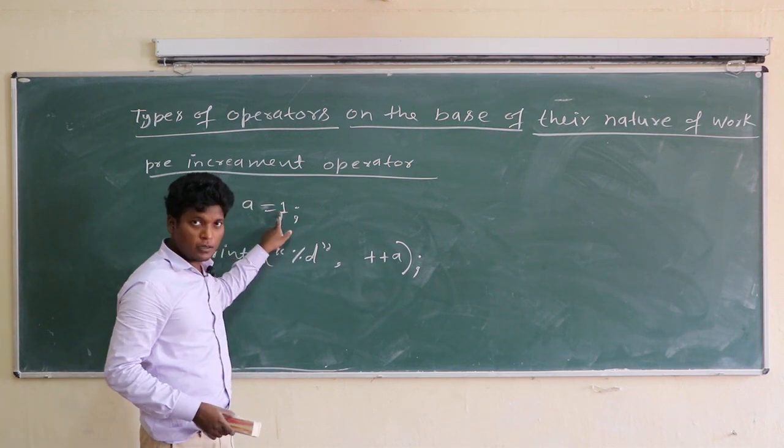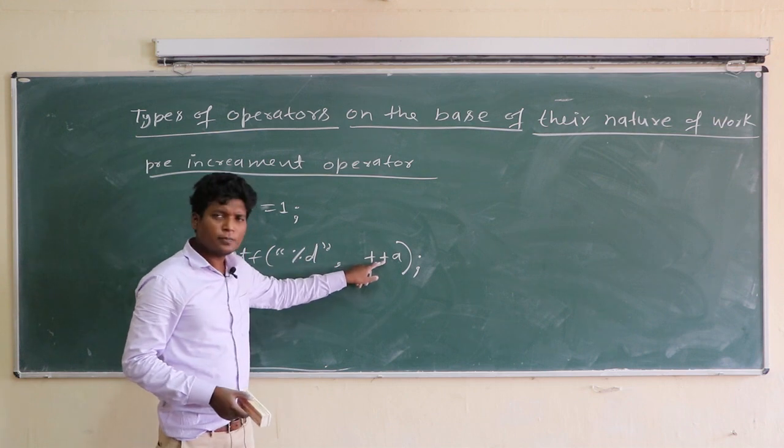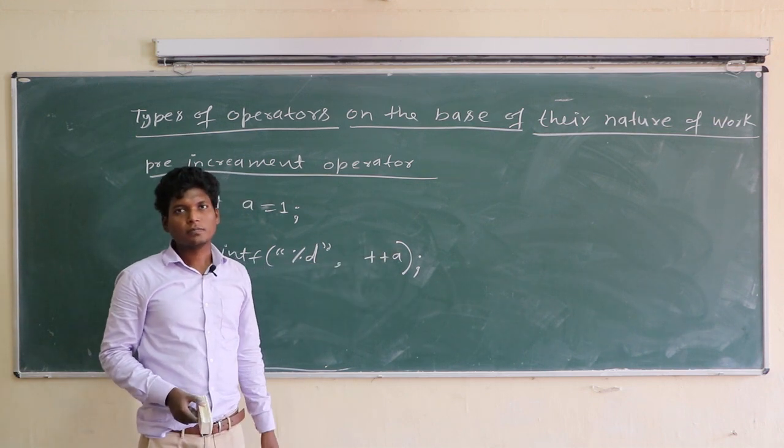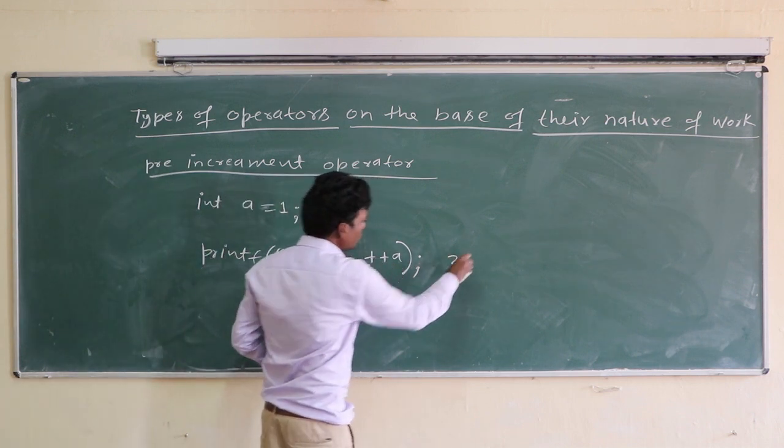So a has value 1, it is incremented to 2, then printf prints it, then printf closes. So the result will be 2.